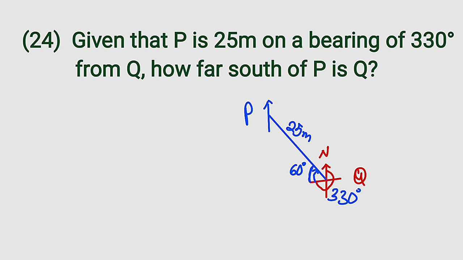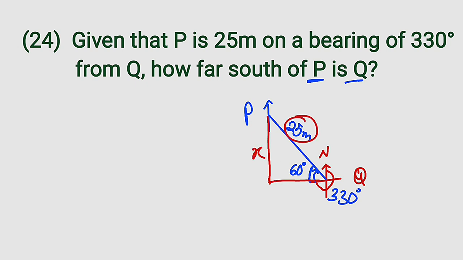So we need 60 extra to make it 330. So the question is saying how far south of P is Q? So we're talking about this vertical distance, which is the south of P, till it hits the point horizontally leading to Q, which is this one. So we are looking for this.